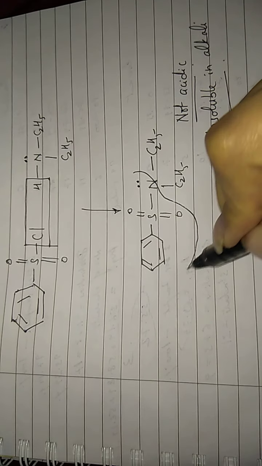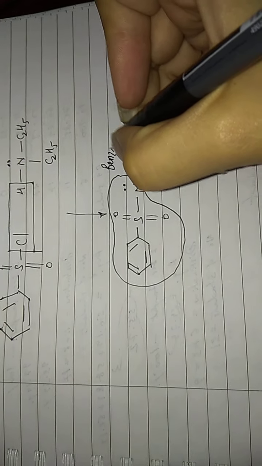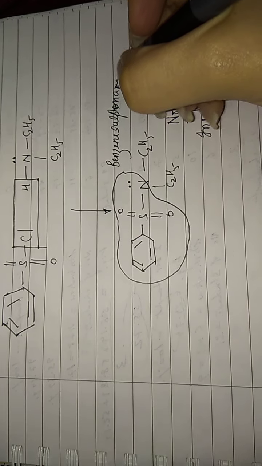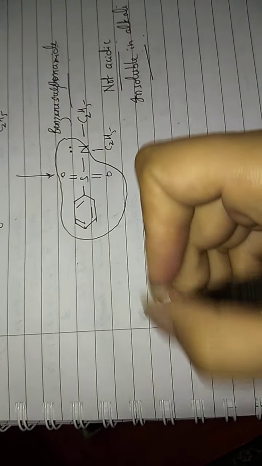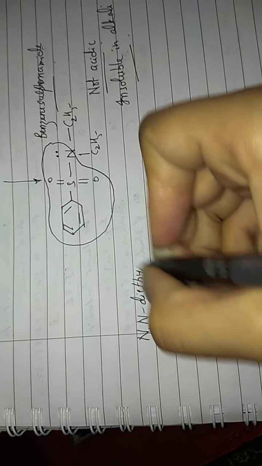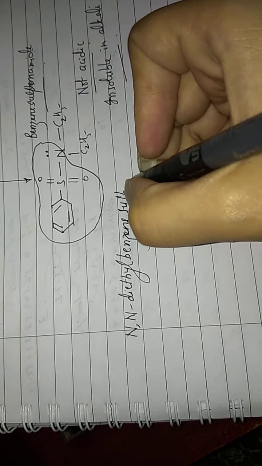How are you going to name this particular compound? As I said, this group is called benzene sulfonamide, right? And there are two ethyl substituents present on the nitrogen atom, so this will be called N,N-diethyl benzene sulfonamide, right?